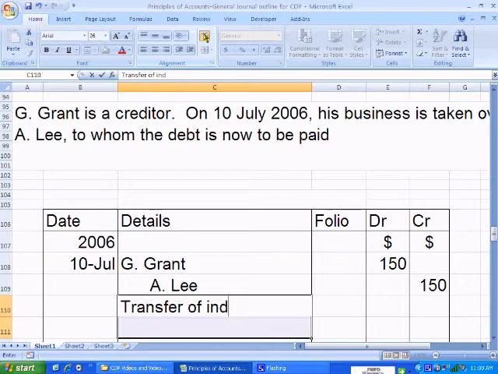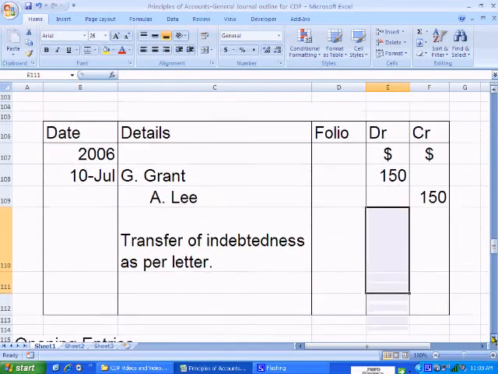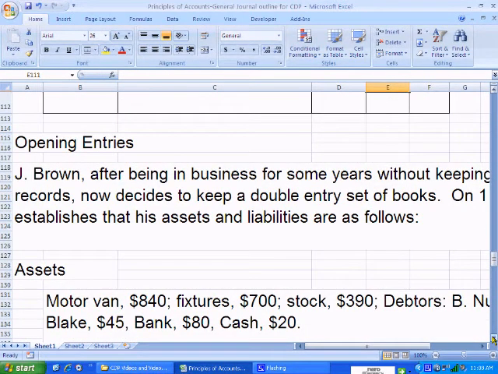Now we go to something called opening entries. J. Brown, after being in business for some years without keeping proper records, now decides to keep a double entry set of books. On the 1st of July 2006, he establishes that his assets and liabilities are as follows.